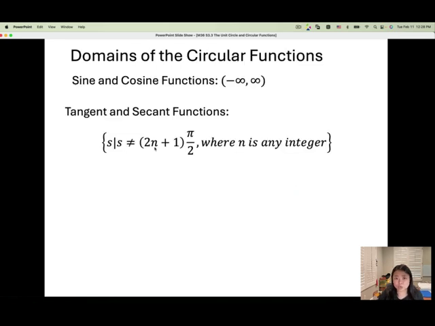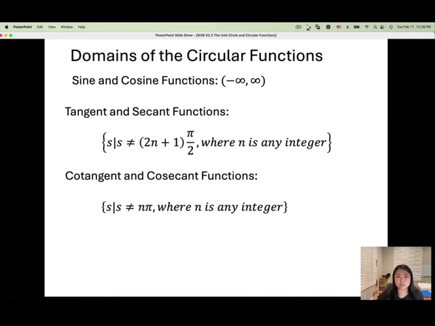When n is equal to 1, we will have 3 pi over 2, means like 270. Same idea, at the 270, tangent and secant is also equal to undefined. Cotangent and cosecant functions: s cannot be equal to n pi. So s cannot be equal to 1 pi, 2 pi, 3 pi, 4 pi.